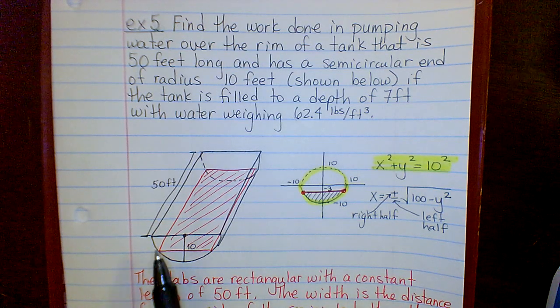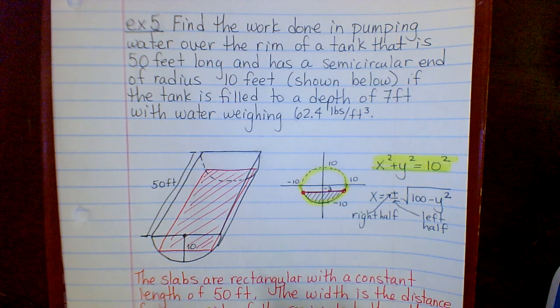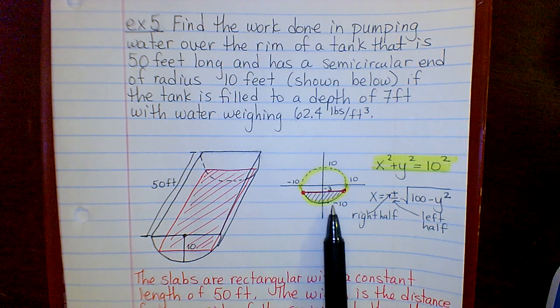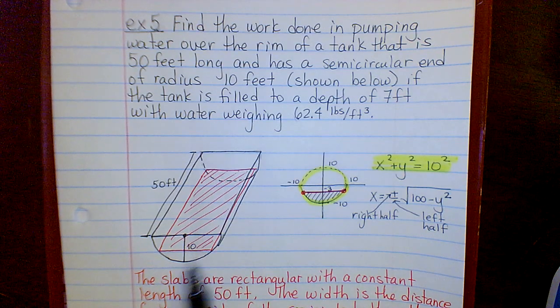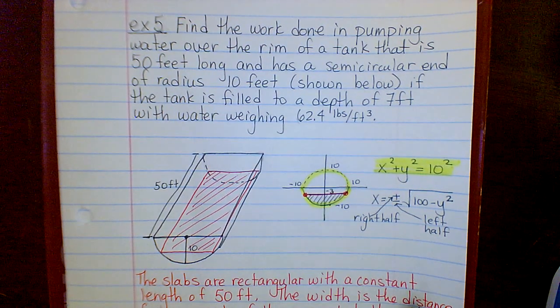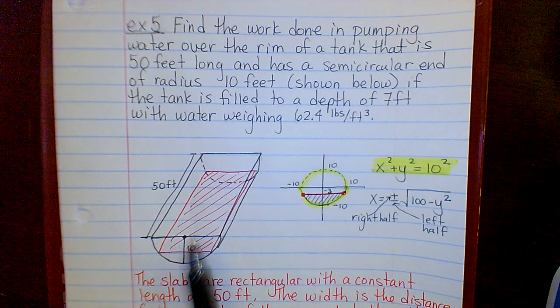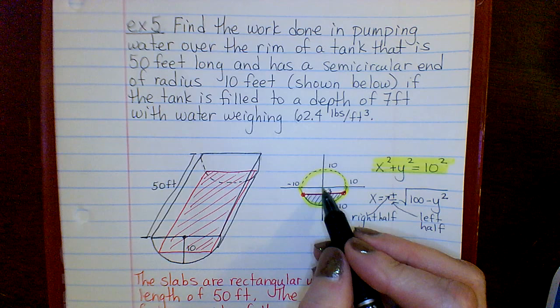Now I do want to get a close-up of this semicircular end here, so that's what I did over here. I did a full circle over here, but I oriented it to where my center was at 0, 0.